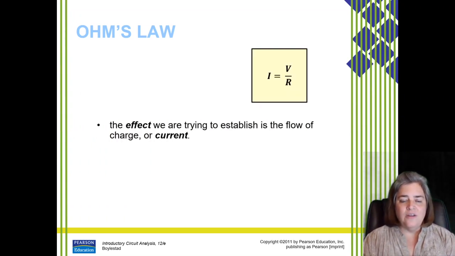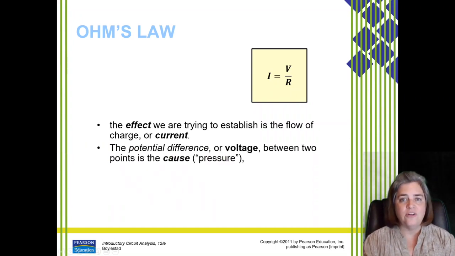Basically, it's the relationship between current, voltage, and resistance in a circuit or at a resistor level or at a component level in any portion of your circuit. So the effect that we're trying to establish is this current or this flow of charge that we talked about last week. The potential difference or the voltage between 2 points is the pressure that we apply to the system to get that started.